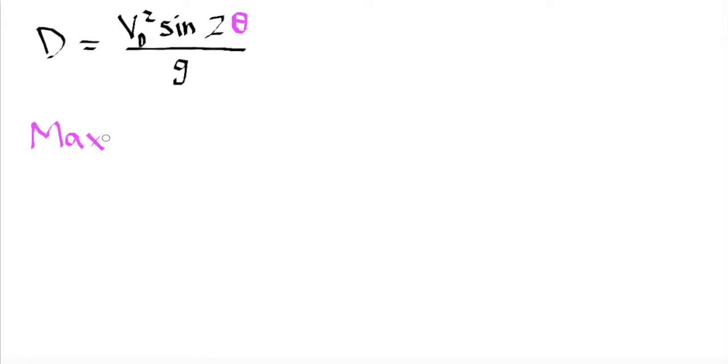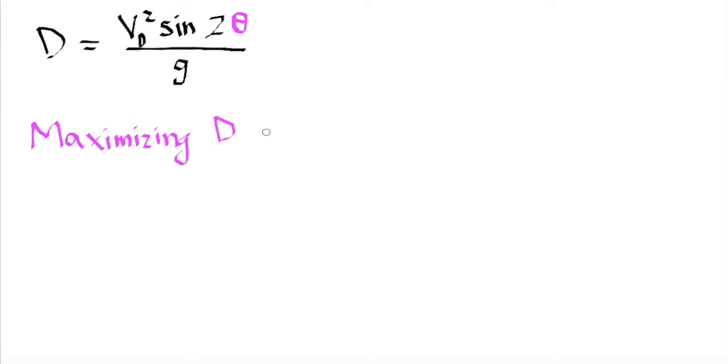Now, we're going to use the formula from before. The distance is equal to initial velocity squared times sine 2 theta divided by g. Now, we want to maximize the distance that the ball travels, but we want to do it by figuring out what value of theta would make d the biggest.